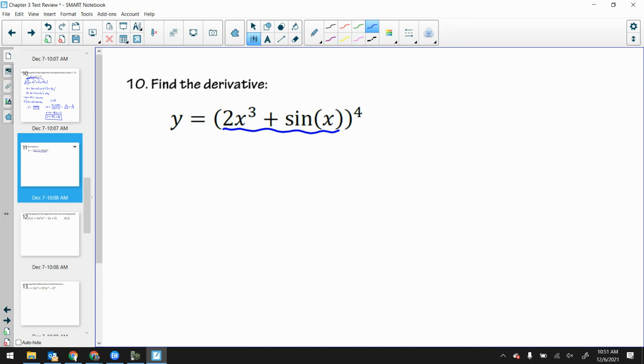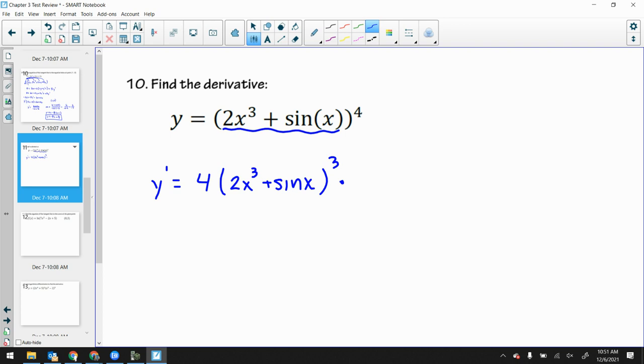So this means that y prime is going to be equal to 4 times the quantity 2x cubed plus sine x, to the 3rd. You leave the innermost function the same when you evaluate the derivative the first time. Peel back the layer. Now I can get into the inner piece, and now we find the derivative inside here.